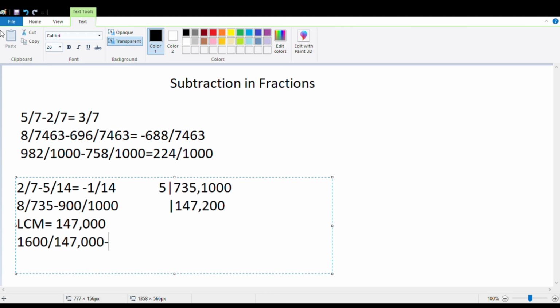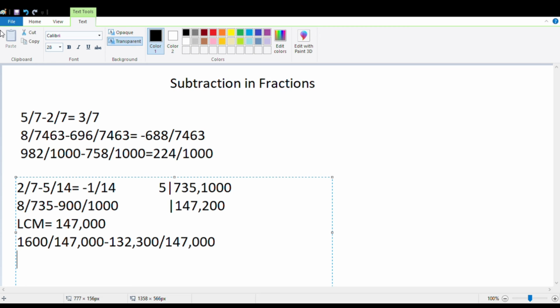So that will become 147 into 900, which will roughly correspond to 132,300. So minus 132,300 by 147,000.